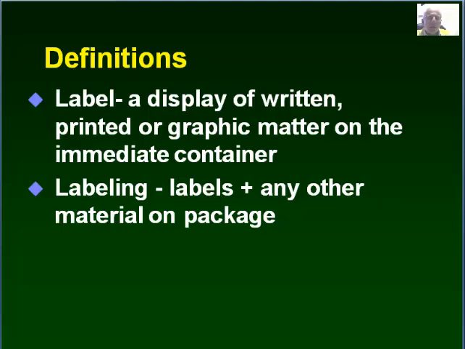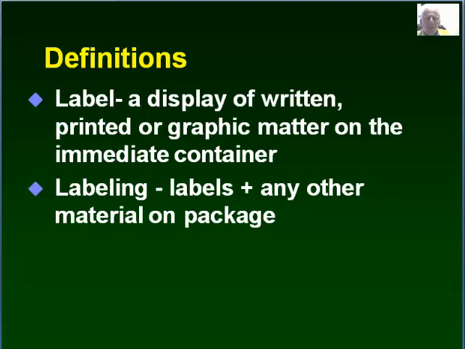The term labeling refers to the labels plus any other material on the package. Oftentimes you'll see food products that might have something attached with an elastic that provides some further information, perhaps on preparation, maybe something relative to the actual manufacture of that product.